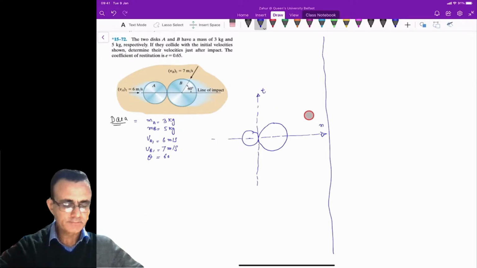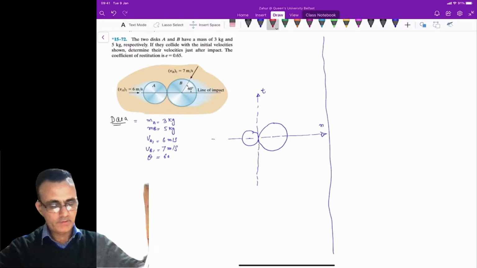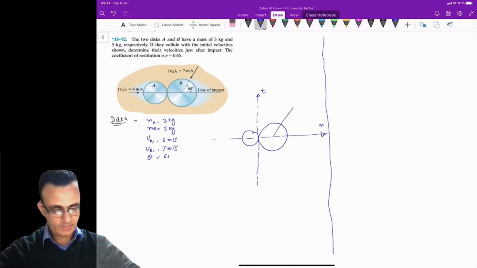In this case, this is obviously oblique impact, because the velocity of disk B is in this direction here, and the velocity of VA is obviously in the line of impact.